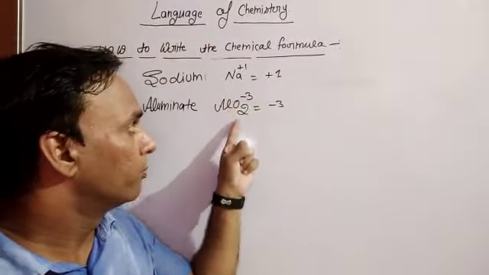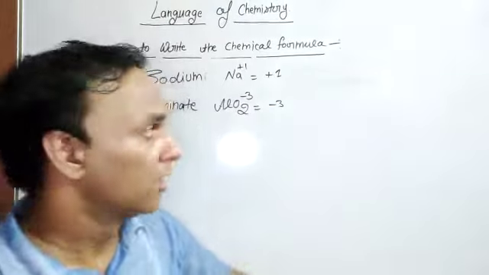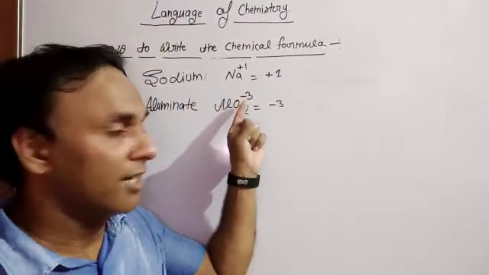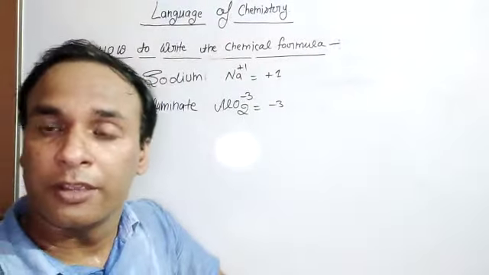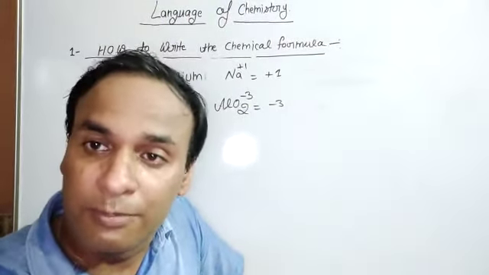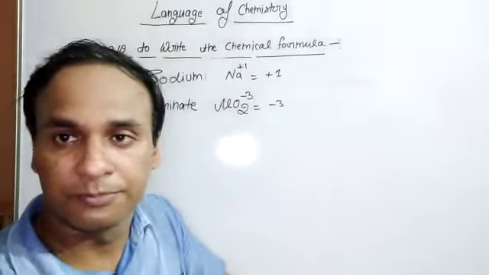Now AlO2 minus 3 is called aluminate. Aluminate has minus 3 valency. Here minus 3 shows the number of electrons gained by aluminate is 3.